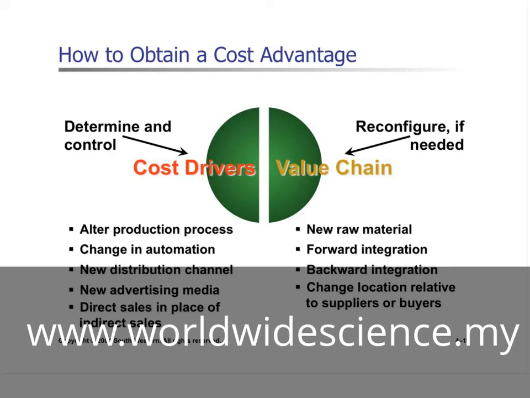Let's say if you're in production and you sell your product to retailers, the forward integration process would be creating some retail stores for yourself, and then you retail it yourself instead of giving it out to others. Backward integration is when you are going to your sources. Instead of buying your sources out from others, you will try to create those materials or resources.